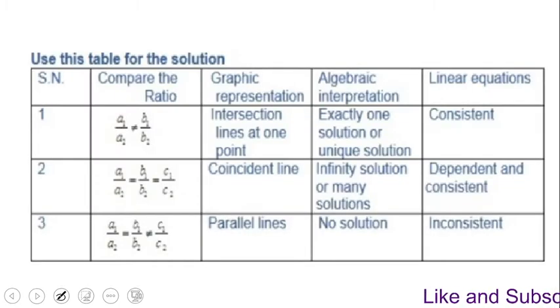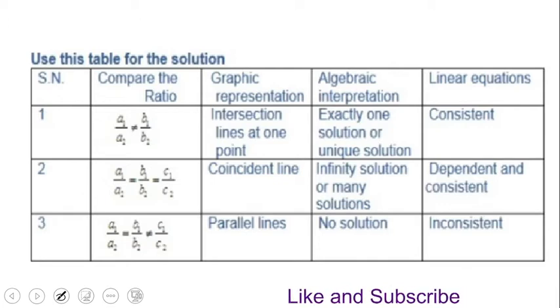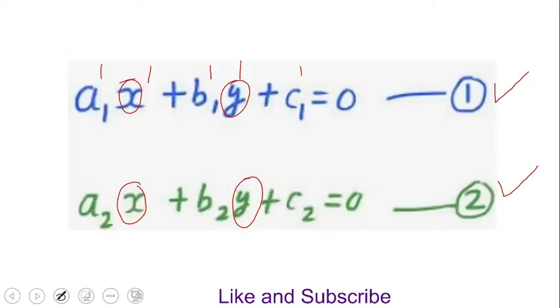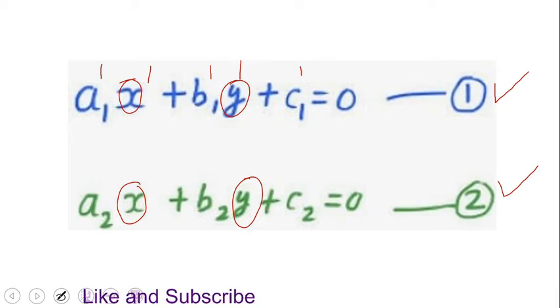Let us begin with what you have learned in 10th standard. Already I have discussed: the x coefficients are a1 and a2, the y coefficients are b1 and b2, and the constants are c1 and c2.